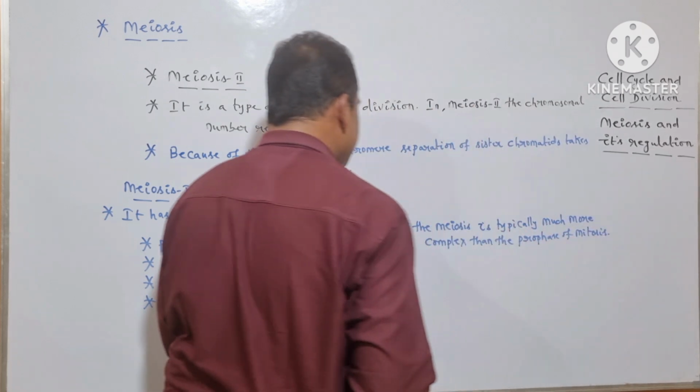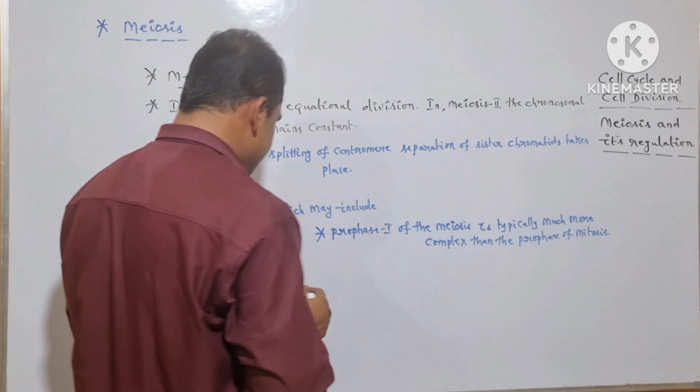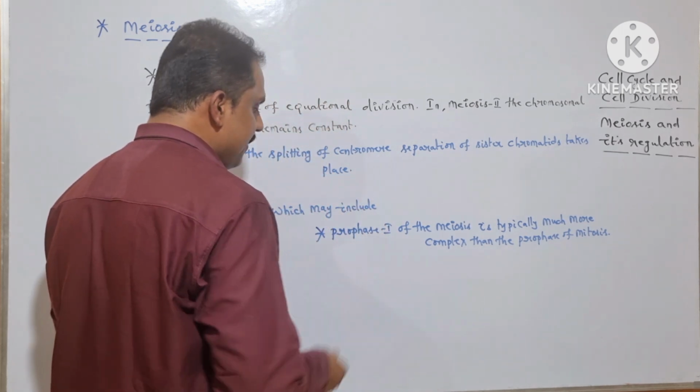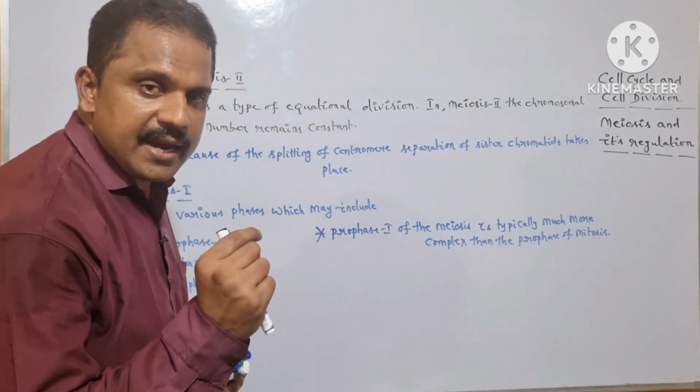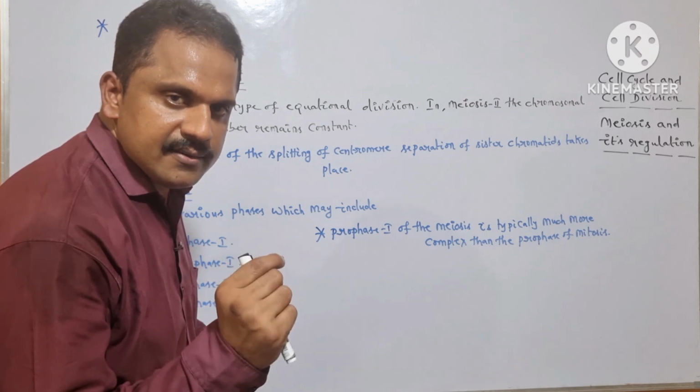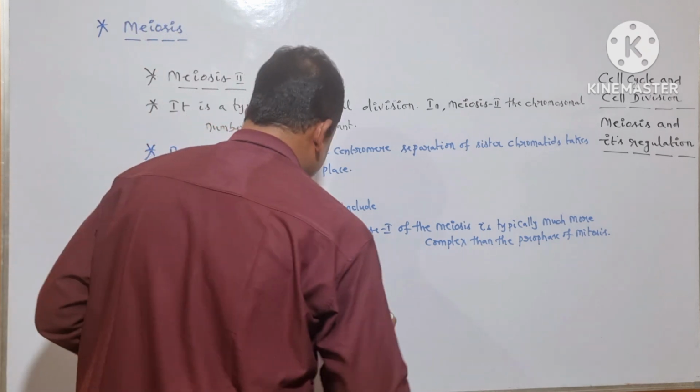And basically the prophase 1 of meiosis 1 has various stages like leptotene, zygotene, pachytene, diplotene and diakinesis. Is it clear? So let me write it here.